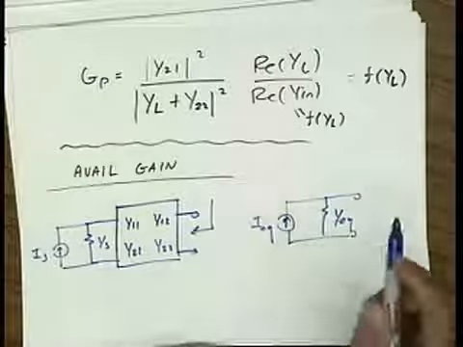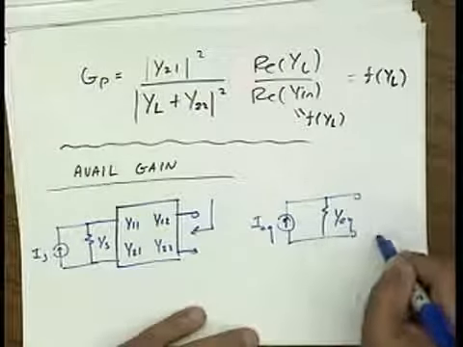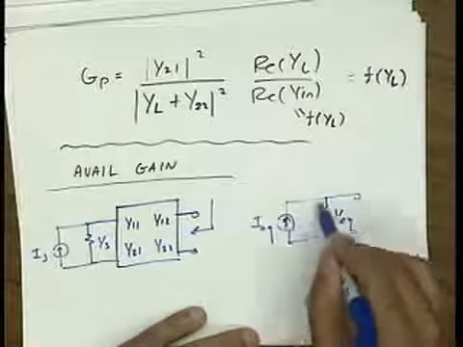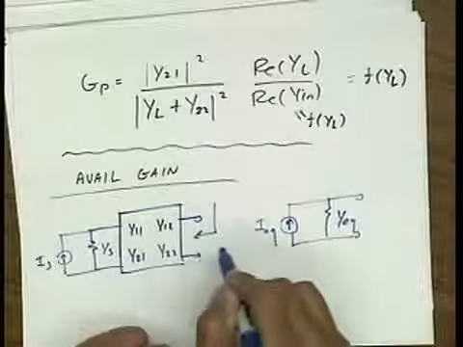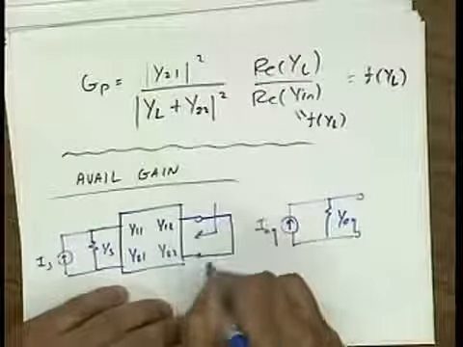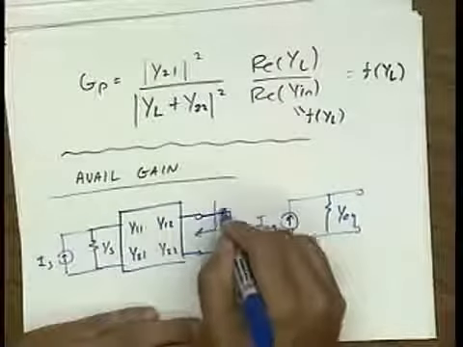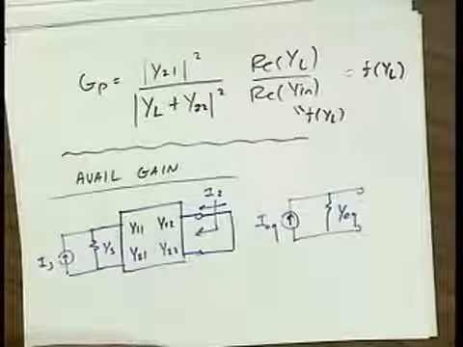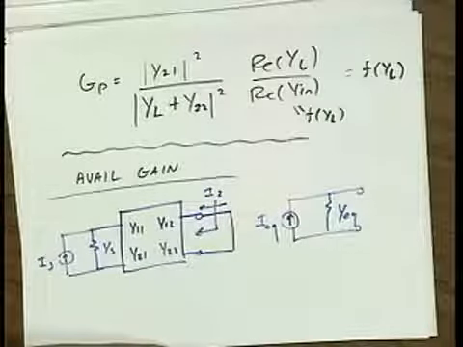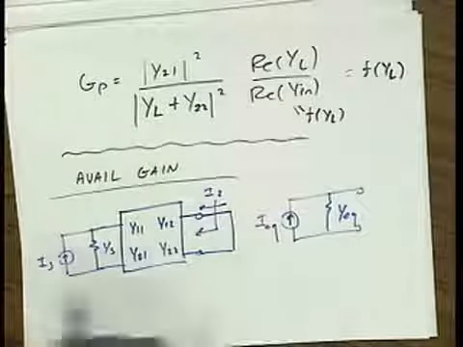So to find I equivalent, I note that if I connect a short across here, all the current flows through that short. So if I short this port as well, I'm going to connect the short here and observe the current I2. That current I2 will be minus I equivalent.